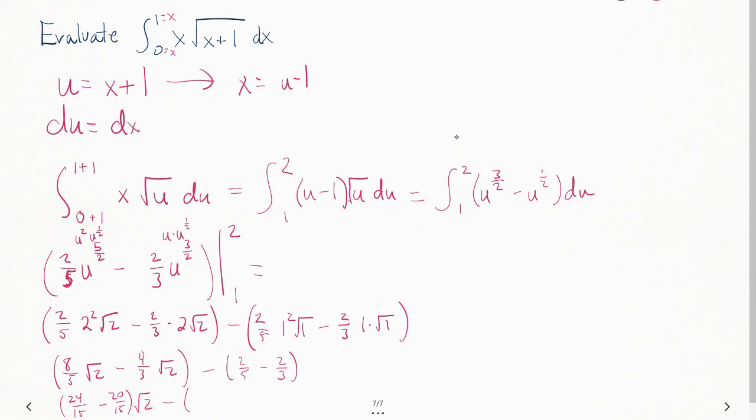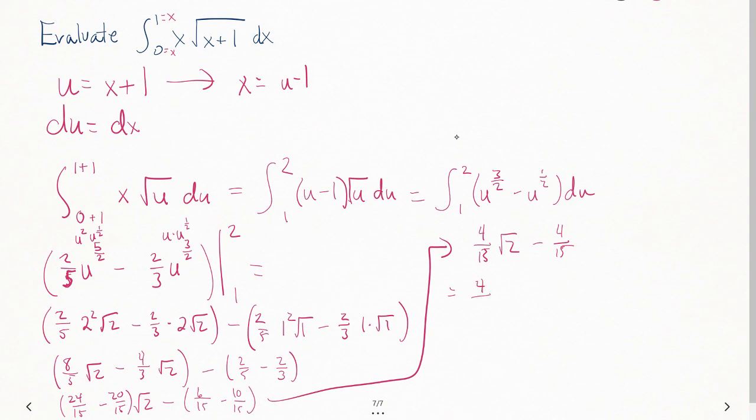We have 15 would be that, so we go 6/15 minus, that'd be 10/15. Okay, so taking that up here, notice we get 4/15 times the square root of 2 minus 4/15.